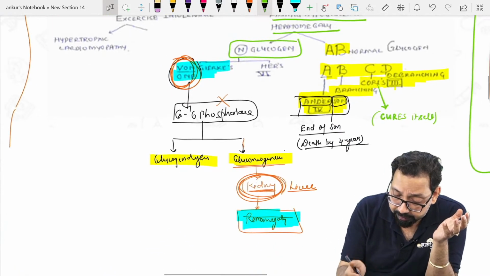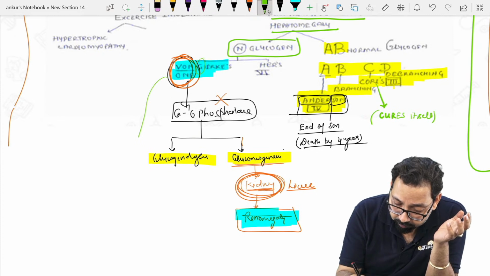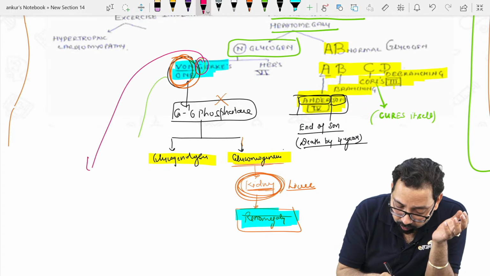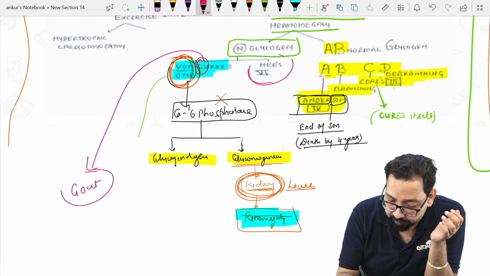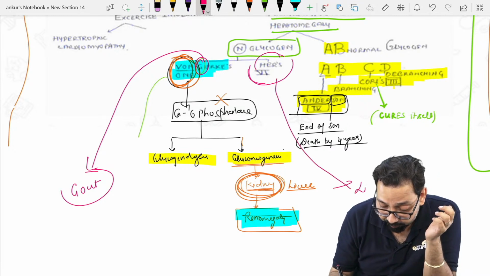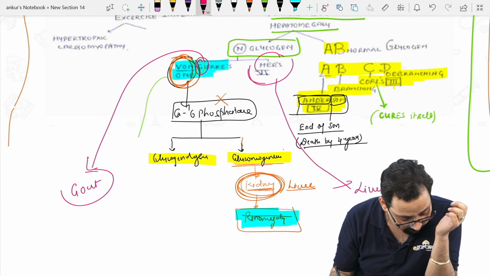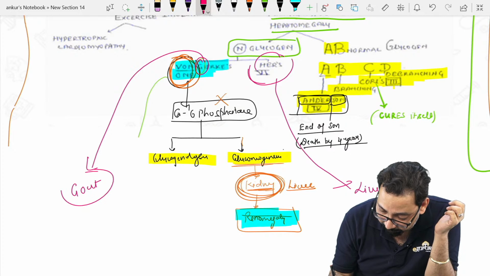In von Gierke's disease, there is also gouty symptom. Type 6, Hers disease, is a deficiency of liver phosphorylase.